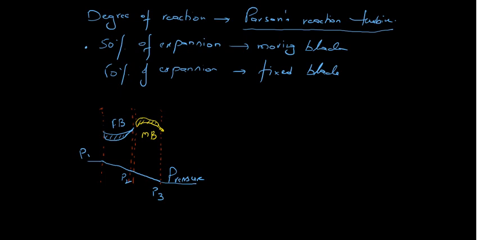And now we try to draw this enthalpy drop along the x-axis and y-axis. This is your x-axis and this is your y-axis, okay. We will see the enthalpy drop for the concerned pressure lines P1, P2 and P3, right?